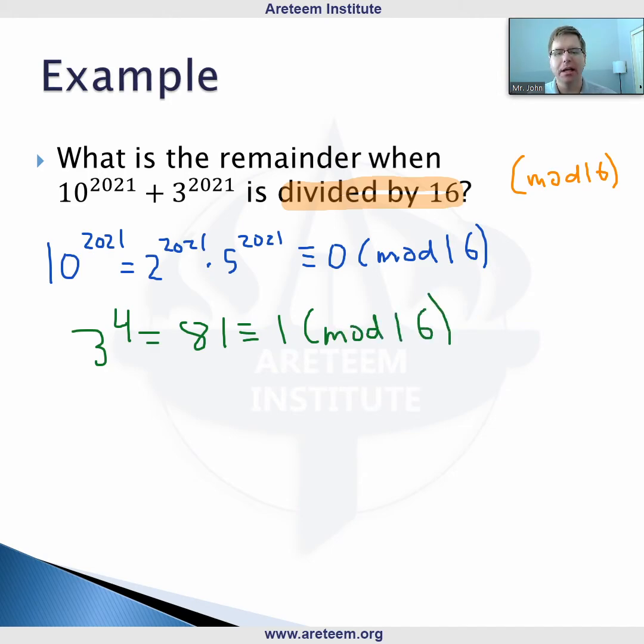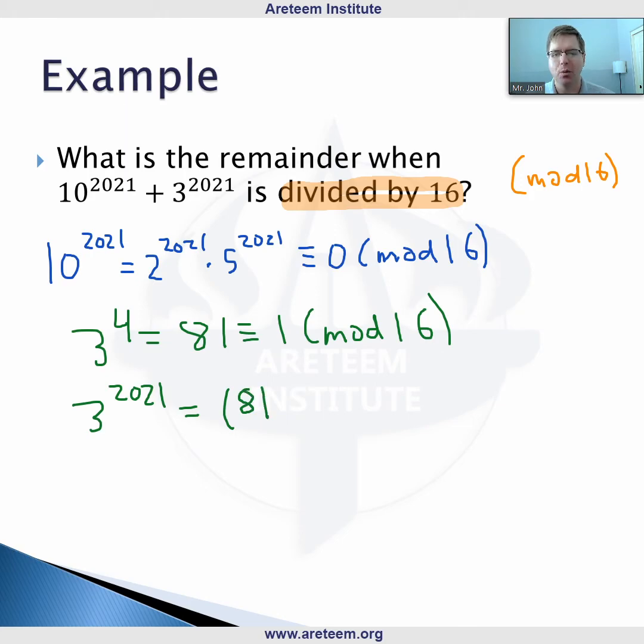This is where you could have done this with patterns. I'm going to phrase the pattern stuff a little bit differently here, practicing writing this out in mods. Now when we write 3 to the 21st power, well, first of all, this is 3 to the 4th power, so let me write this as 81.